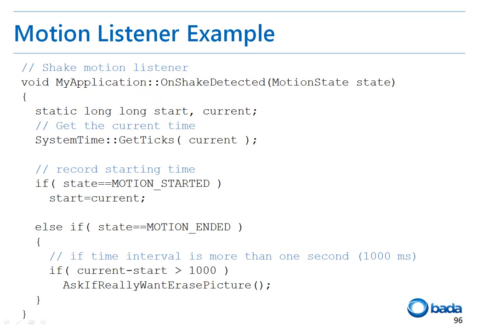Finally, in the onShakeDetected function, the state is returned through the parameter. The state notifies whether the shake motion has been started or finished. In this example, if the shake motion starts, the current time is retrieved, and if the motion ends, and the period of time between the start and end is greater than 1 second, the corresponding operation is performed.